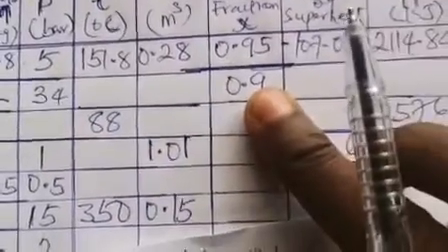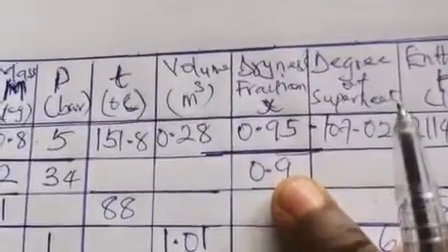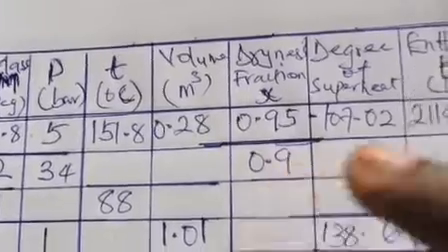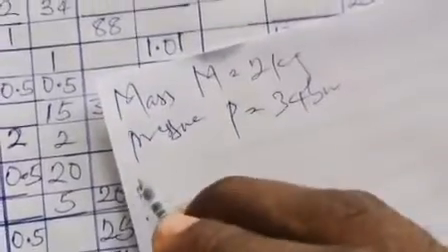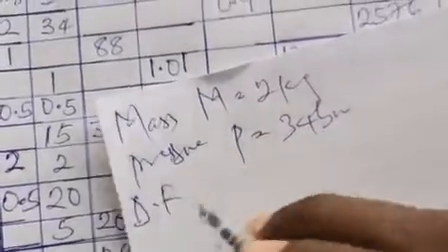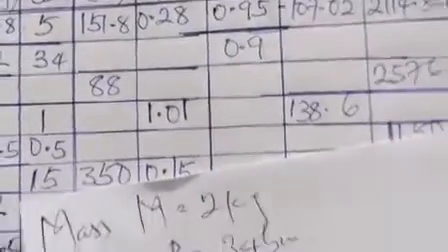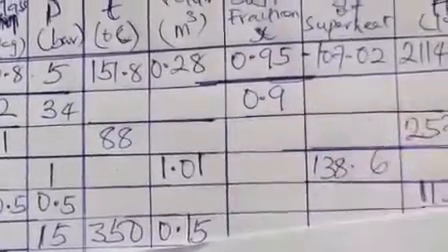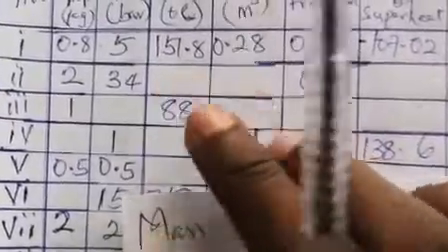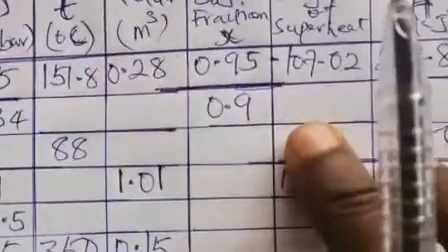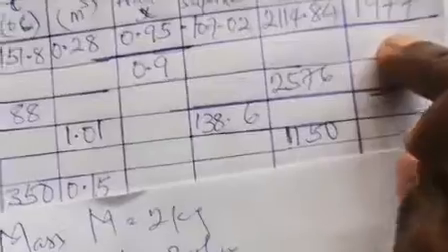We were given the dryness fraction X, which is equal to 0.9. We also need to fill in temperature, volume, degree of superheat, enthalpy, and internal energy.